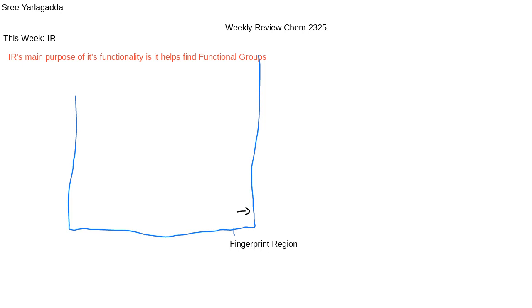Now the first important point that you start out at is around 1600. Okay. Next, 1600 is the energy level of a benzene ring.